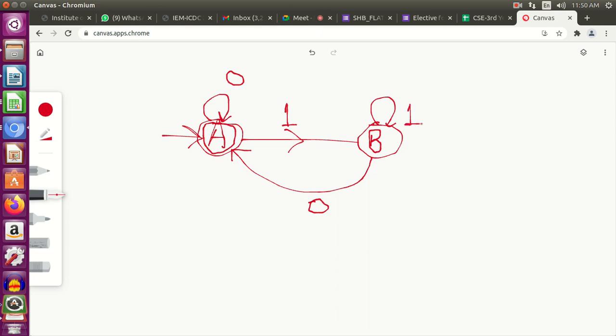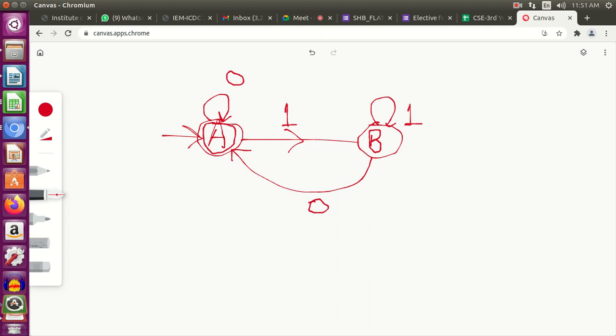Now is it correct? Please check. So 0, 0 should be divisible by 2, fine. 1, 0 should be divisible by 2. 1, 0, 0 should be divisible by 2. I think this is correct, right? Yes, ma'am, because the transition of 0 is always in that direction. The main thing, as Rohit said, was that my string should always end with 0, and that would guarantee that it is divisible by 2.